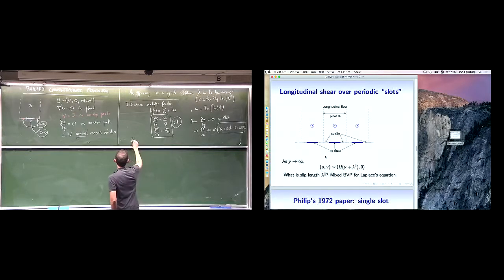So another way of saying this is real part of H is 0 on the slot. Imaginary part of H is 0 on the no slip.